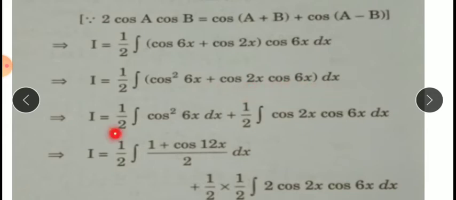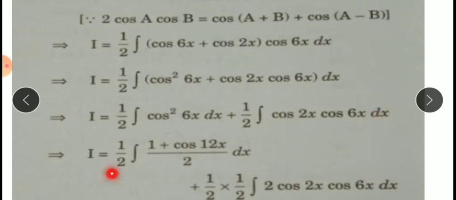Separating the integration sign, 1 upon 2 integration cos square 6x plus 1 upon 2 integration cos 2x cos 6x. Here this is written in the form of cos A cos B. To change it into integrable form, multiply and divide by 2 in this term.